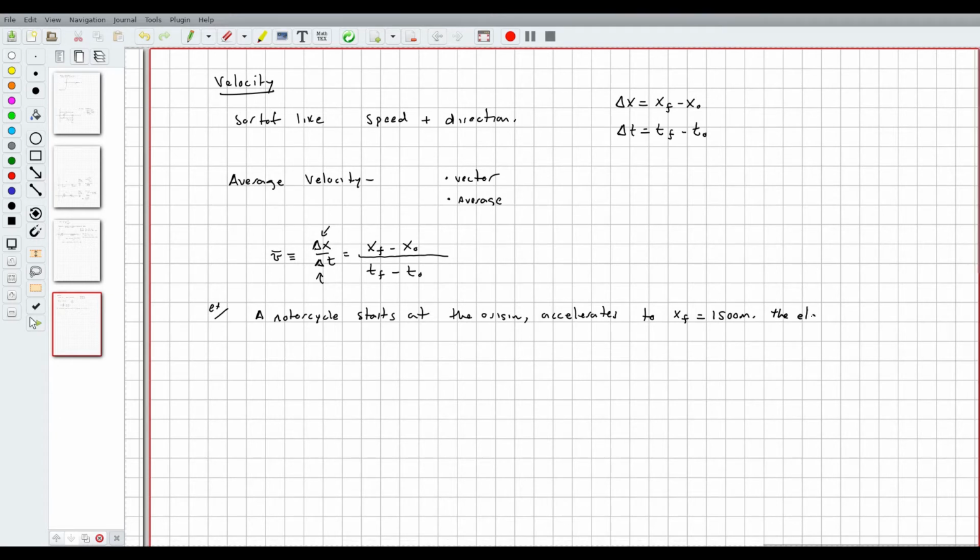The elapsed time is 30 seconds. I would like to find the average velocity.